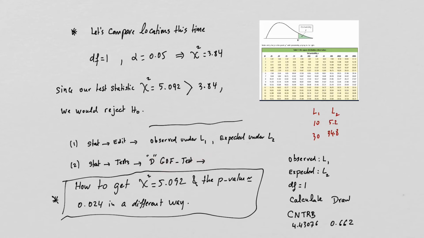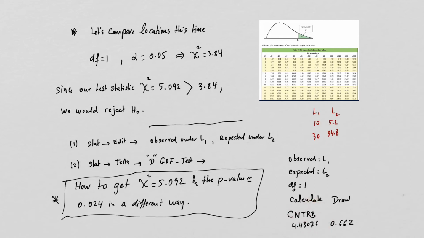And you click on it, and you're going to get this table, okay? You're going to get L1. Yes, that's what you wanted. You wanted the observed under L1. You have L2, of course. You write 1 for your degrees of freedom. It's 2 minus 1, which is 1. And you click on calculate, and I'll come back to this in a second.